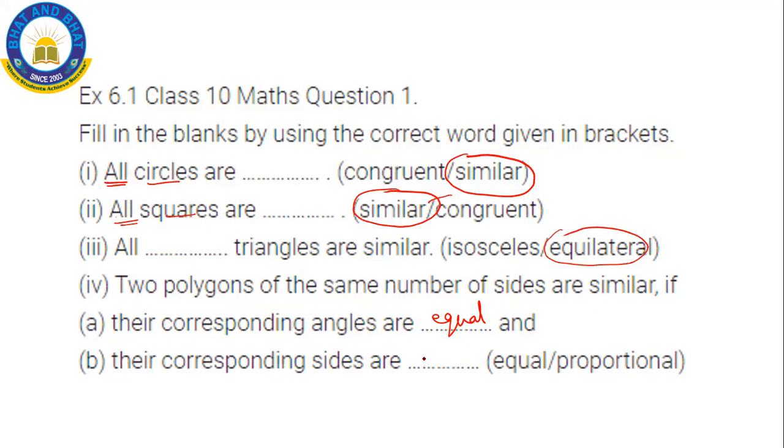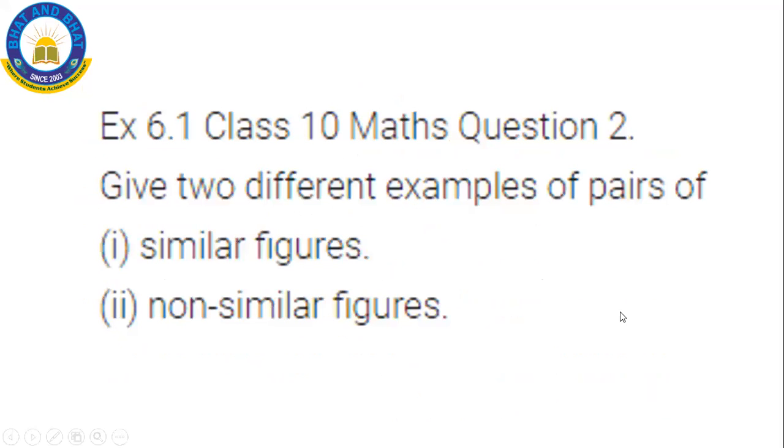Their corresponding sides are in proportion. We can say they are proportional, or the sides are in the same ratio. This is what we studied. Correct. So in the first question, all four subparts we have discussed. I hope this is easy for all of you.